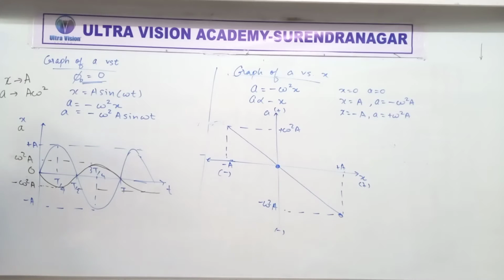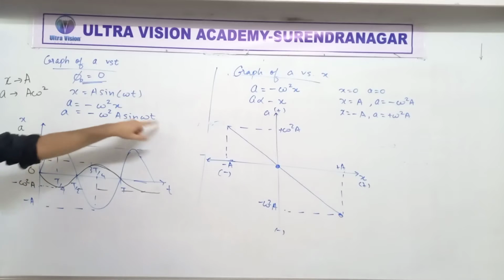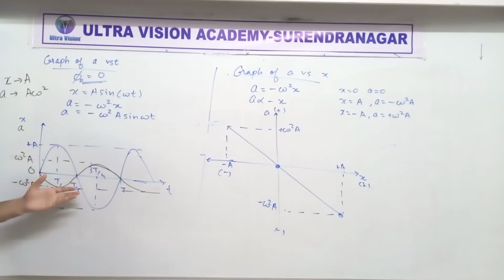Out of all these, anything could be useful when we are solving questions. Here we have drawn this for φ0 equal to 0, but it's not necessary that you always get it for φ0 equal to 0. If it's, let's say, φ0 equal to π/4, then you'll have to write plus π/4 here and do it accordingly, right?